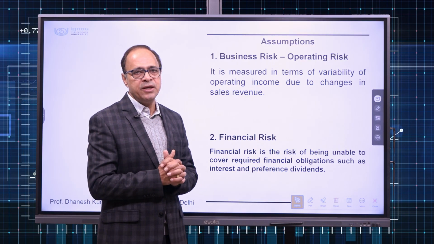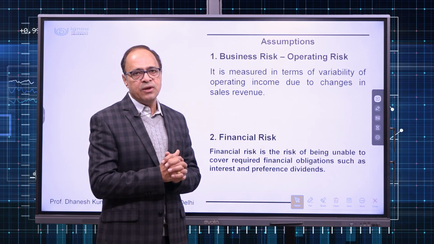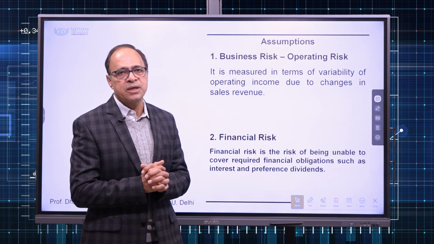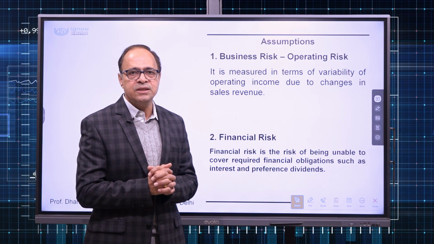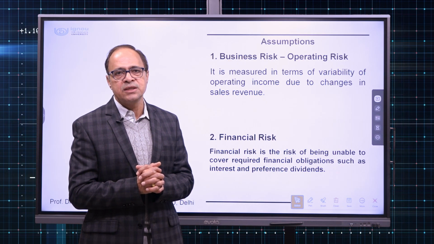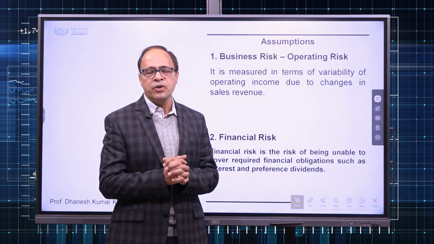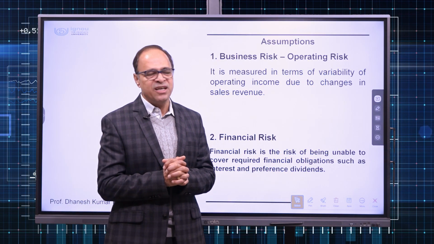They are also expecting more return from their equity investment. So that kind of risk originates from the capital structure of the company. And financial risk is measured in terms of financial leverage. Financial leverage indicates the volatility of earning per share of the company towards given changes in operating income.